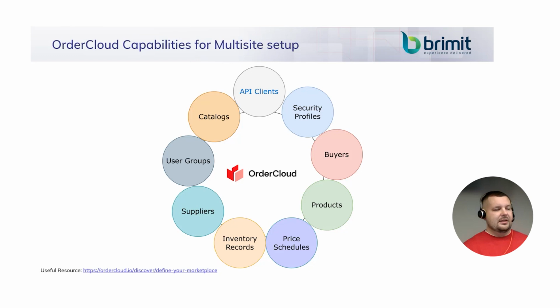Each supplier can have multiple supplier addresses with their own inventory stock. For inventory stock, OrderCloud provides inventory records for products and user groups. We can create and assign different price schedules in different currencies and prices, which can be specific to different storefronts and currencies.